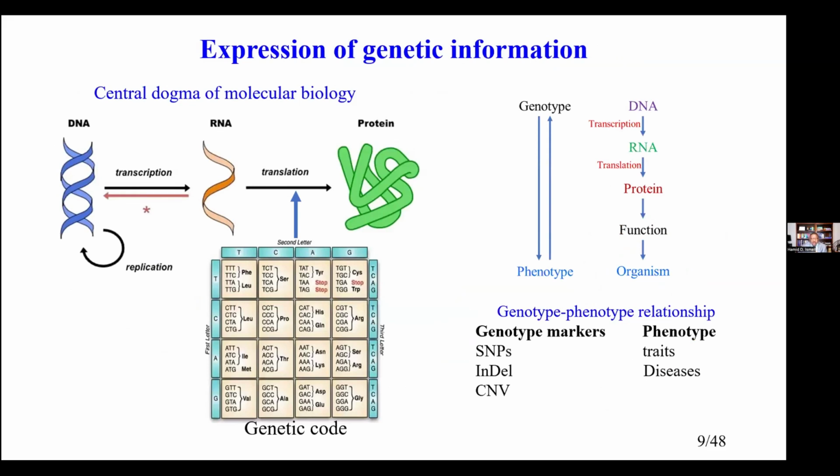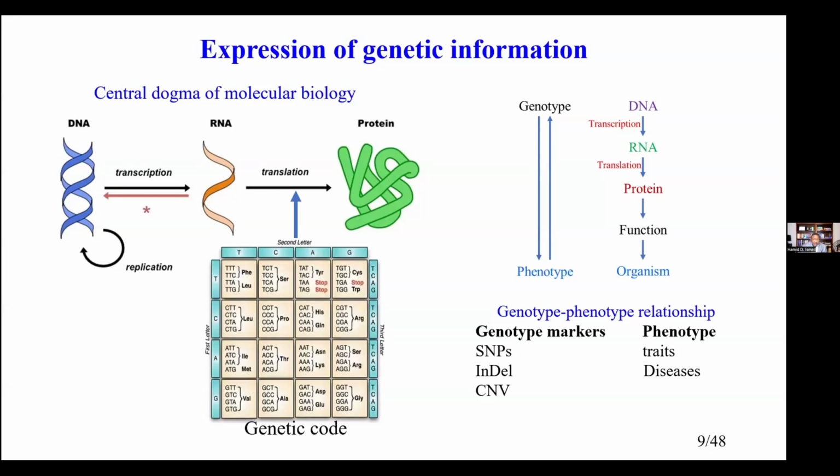So now, after we know the importance of these three molecules, what is the link between them? The genome is the whole set of molecules, chromosomes, any pieces of DNA inside the cells. But only a small portion of the genome is functional.